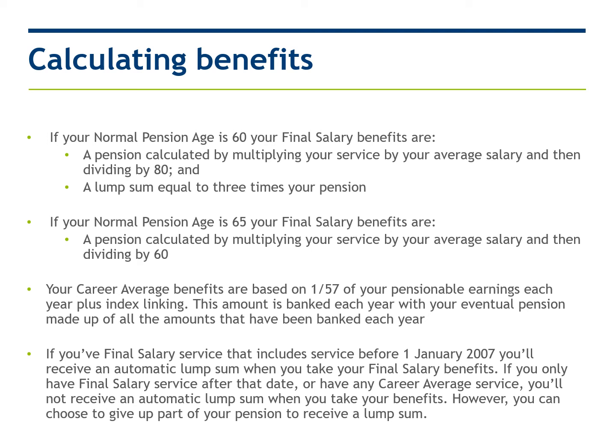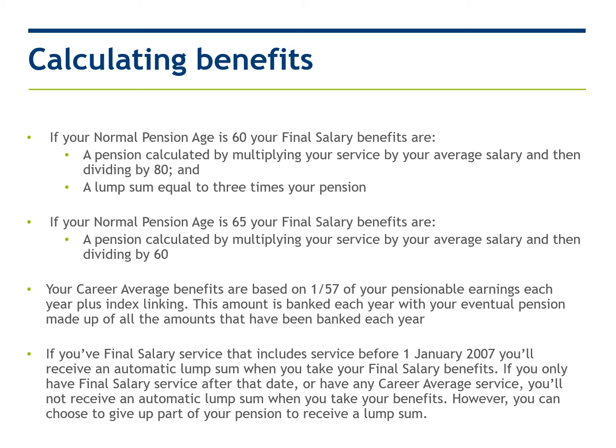To calculate your final average salary that is used in the calculation of your benefits, we look at the average of the full-time salary rate over the last 12 months of employment, and also look at the average of the best 3 consecutive year salaries index-linked within the last 10 years. Whichever of these two calculations is the higher amount is the one we would use.